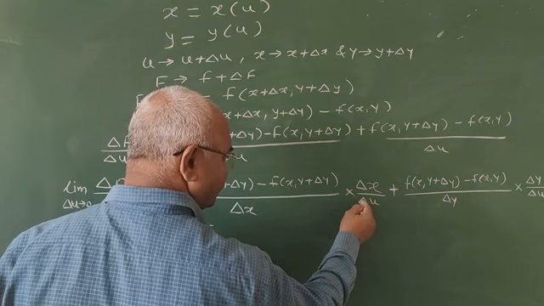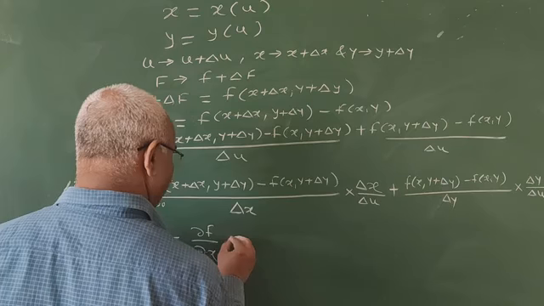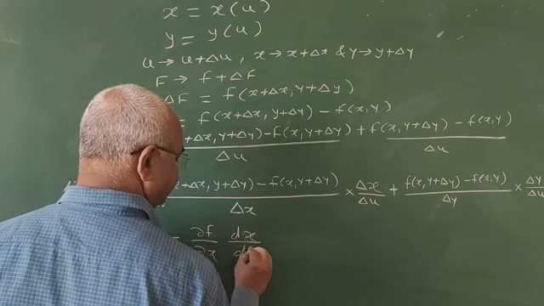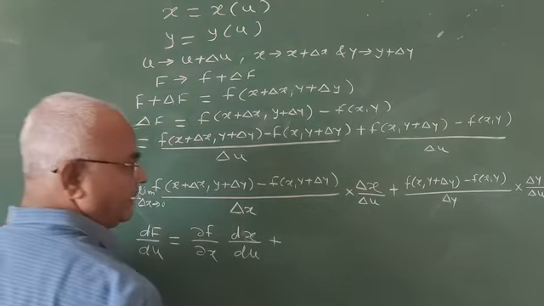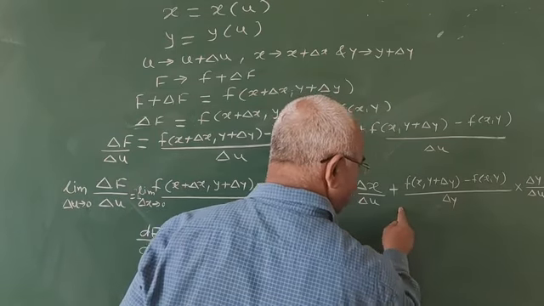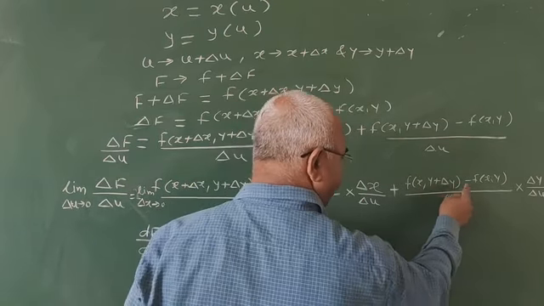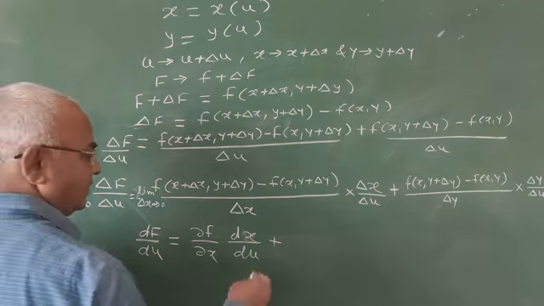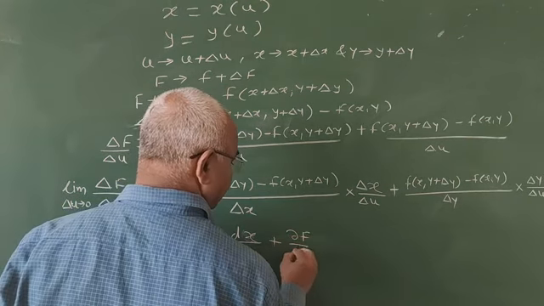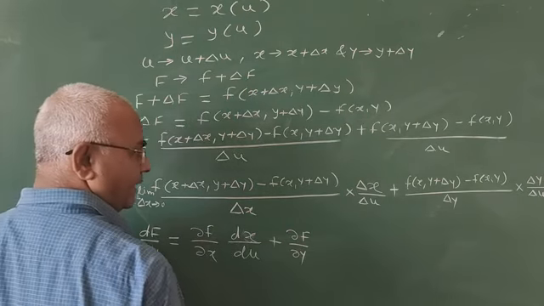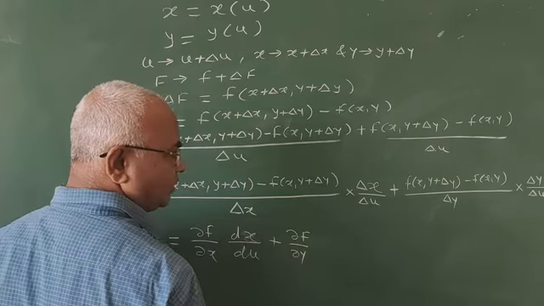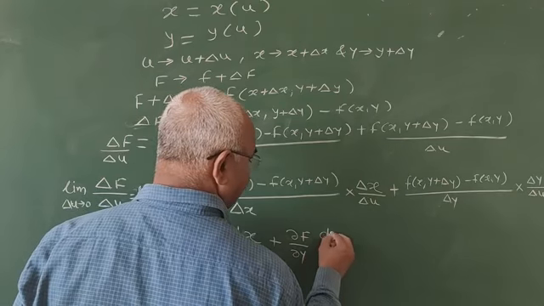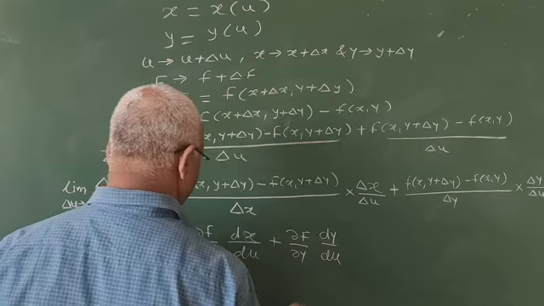Limit as delta u tends to 0, delta x upon delta u is dx by du, plus limit of delta y tends to 0 of f of x comma y plus delta y minus f of x y divided by delta y is delta f by delta y, and limit delta u tends to 0 of the last term delta y upon delta u is dy by du.